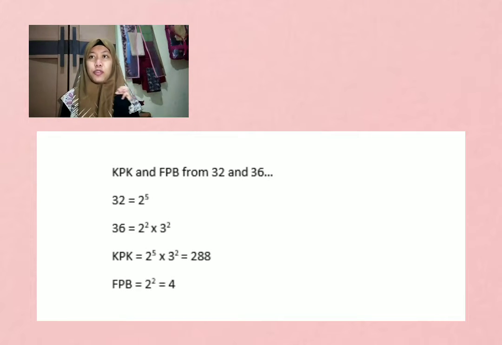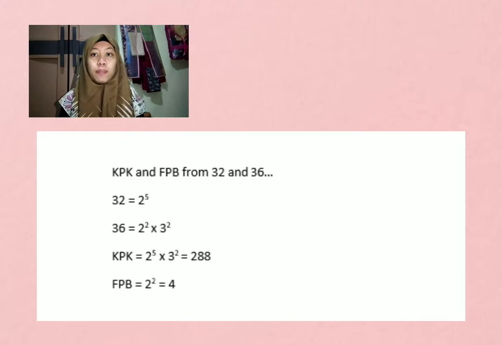Number 3, find the KPK and FKB of 32 and 36. The factorization of 32 is 2 raised to 5, and of 36 is 2 raised to 2 times 3 raised to 2.